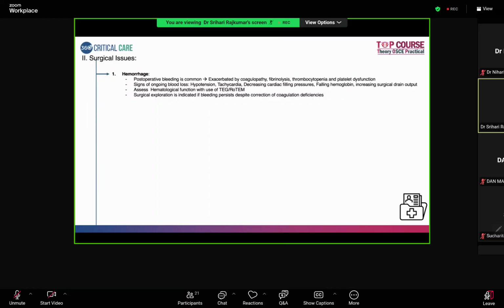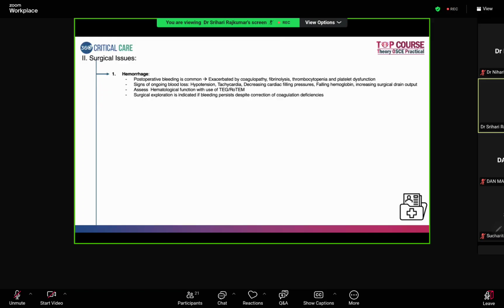Plus, in most of the patients, we will have advanced hemodynamic monitoring, in most of the transplant ICUs. So the parameters that are available will also guide you in identifying if the patient is going into a hemorrhagic shock or any other hypovolemic shock. Hypovolemic shock in this setting is most commonly because of hemorrhage.